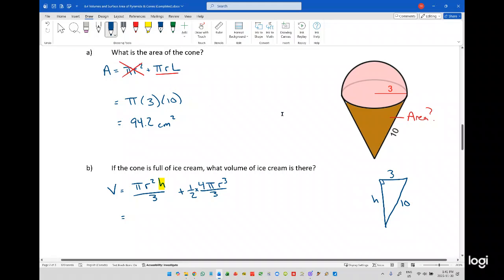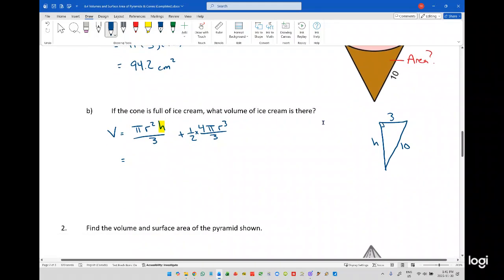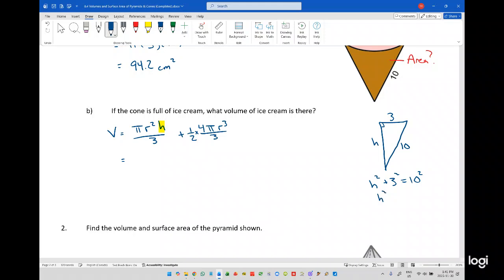And luckily, once I'm there, I can fairly easily do Pythagorean theorem and say that h squared plus 3 squared equals 10 squared. H squared plus 9 equals 100. H squared equals 91. And then in my calculator, the square root of 91 is 9.5-ish to 1 decimal place.